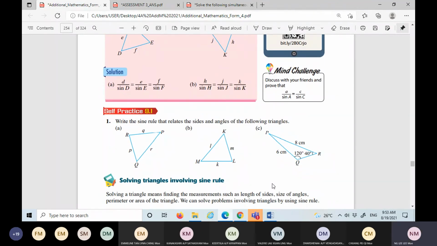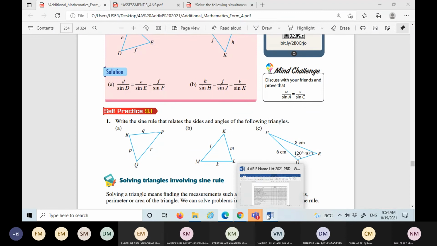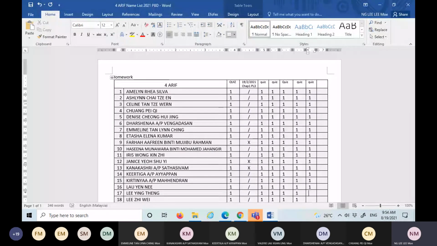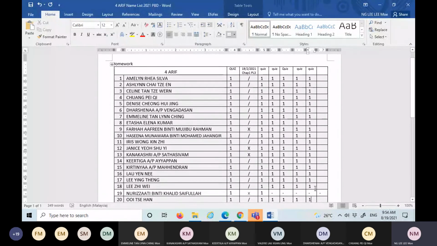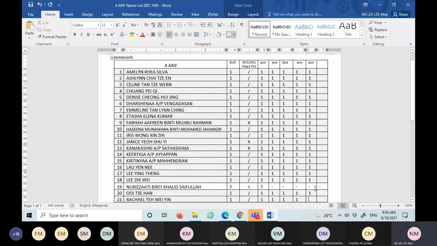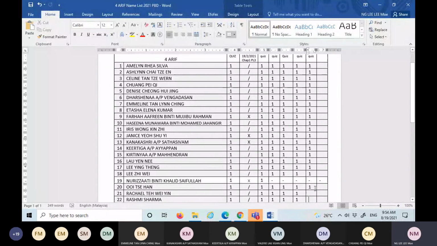Can someone do 9.1 number 1A? Next girl. Rachel, you do 1A. Rashmi, you do 1B.